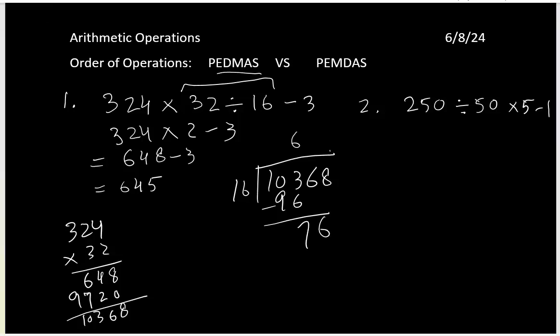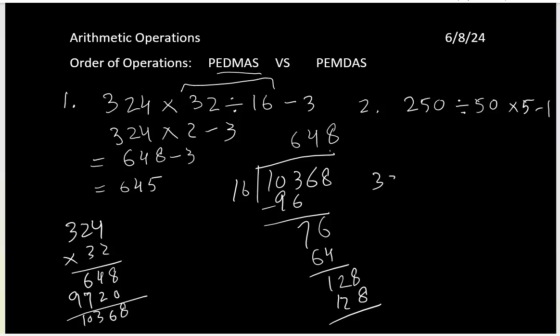Then you pull down 6. Now 16 goes in 76 4 times. So when you subtract, you get 12. Move another 8 here. Okay, now 16 goes in 128 8 times. All right, so then you get 648.